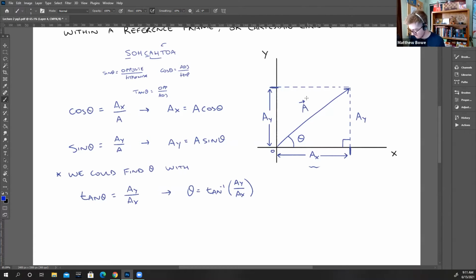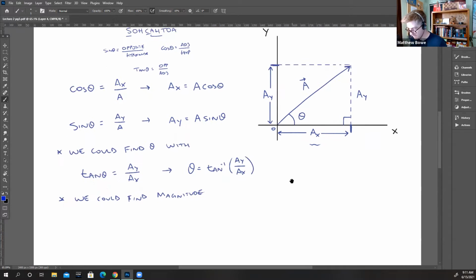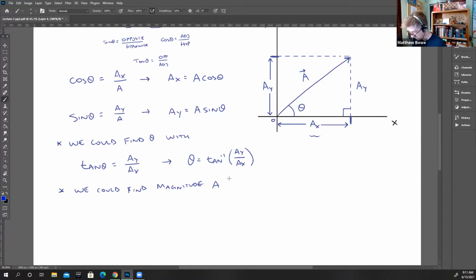And lastly, maybe I need to find the size. Maybe I need to find the magnitude of this vector. We could find magnitude A, so that's without the vector sign. And that is just by using Pythagorean theorem. You remember what that is?